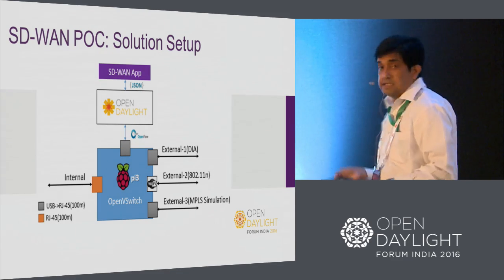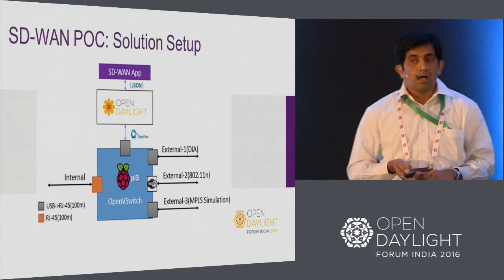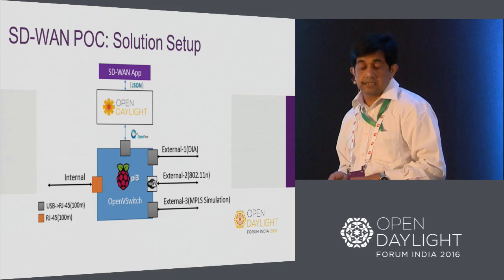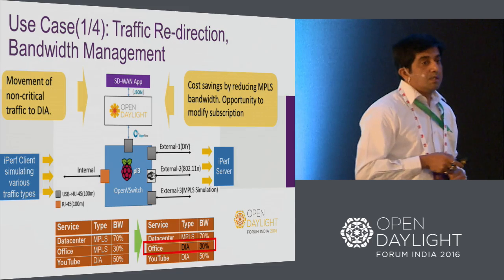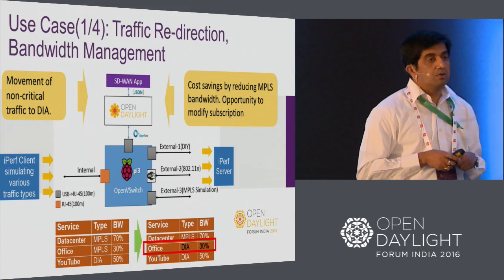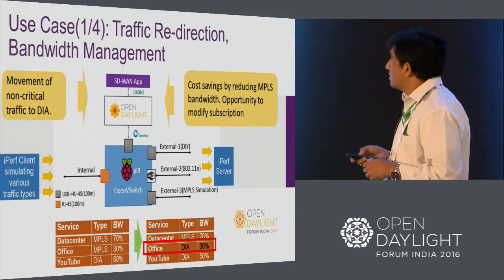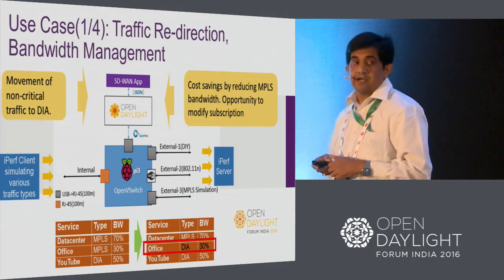Let us see some of the use cases of this solution, and some examples which can be built around those use cases. As I was talking about the problems with the traditional WAN, and how SD-WAN as a solution can bring a lot of improvement over it. This use case is traffic redirection and bandwidth management.